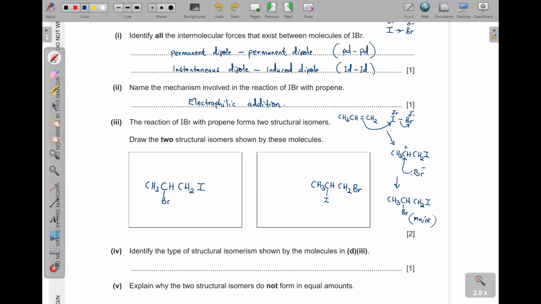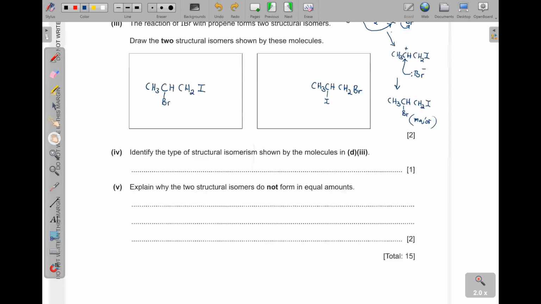It is major because this molecule here is going to react with this side, which is positively charged, the one that is going to attack this part here, which has the electrons. So it will attack with the positive side, which is the one of iodine, okay?